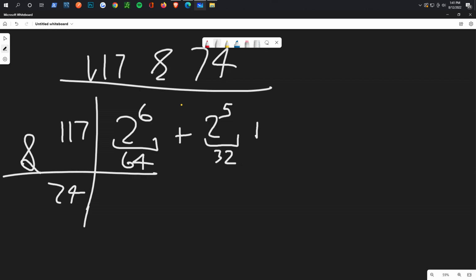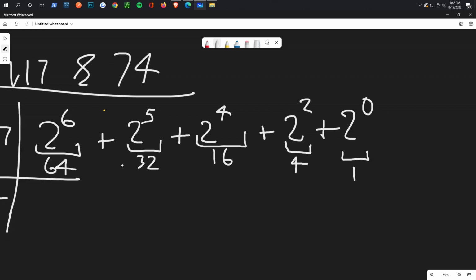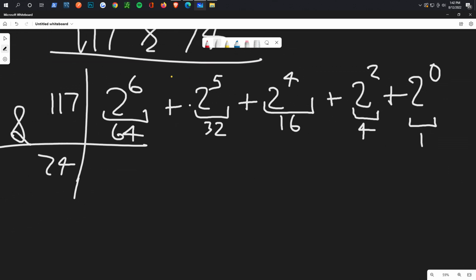So right now we're at 96. The next biggest is going to be 2 to the 4. And now we are at 112 plus 2 to the 2 plus 2 to the 0. So this is 4, and this is 1. So we have 96 plus 16, 112, and 112 plus 5 is going to be 117.